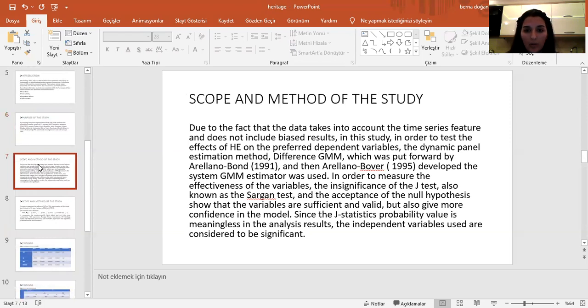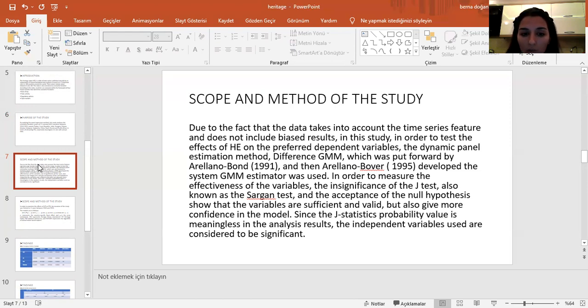Scope and method of the study: due to the fact that the data takes into account the time series feature, the dynamic panel estimation method, difference GMM, which was put forward by Arellano and Bond, and system GMM estimators developed by Arellano and Bover were used.